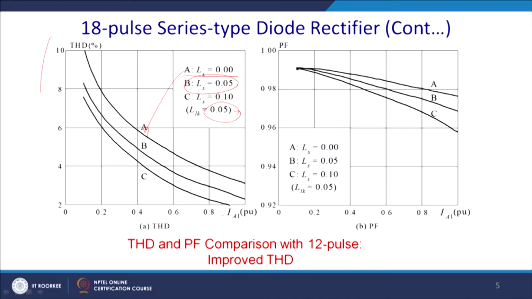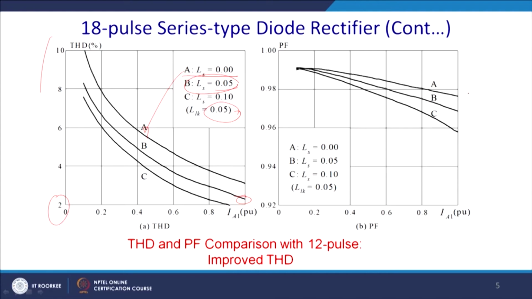So, you can see that you can get less than 2% for 10% source impedance. Generally that does not occur, but considering 5% source inductance you can reach well below 3% in the full load condition and thus satisfy your purpose.